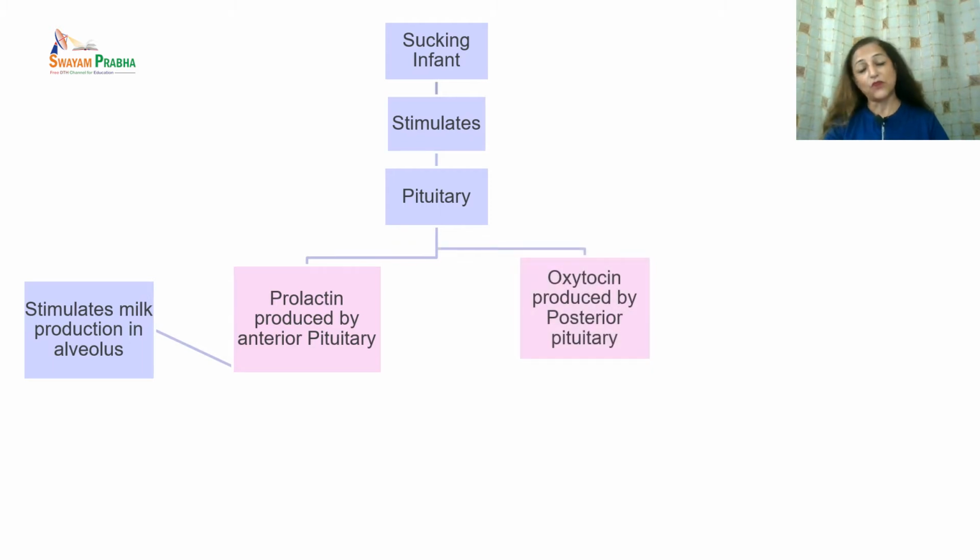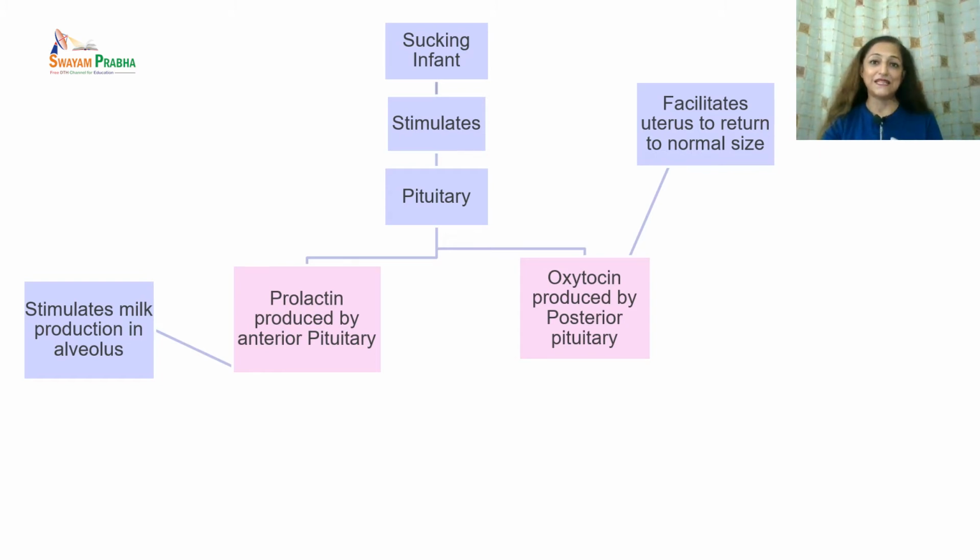And the second hormone is oxytocin, which is produced by the posterior part of the pituitary. It has different types of functions. The first function is that it facilitates the uterus to return to its normal size, because during pregnancy the uterus has to expand. So when the mother is feeding the baby and oxytocin is released continuously, this will help the mother to regain her shape.